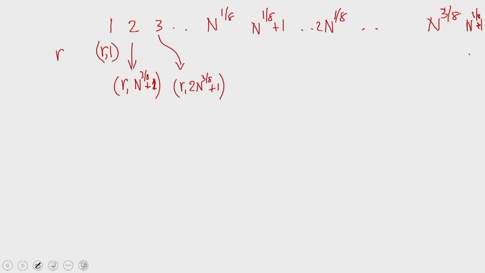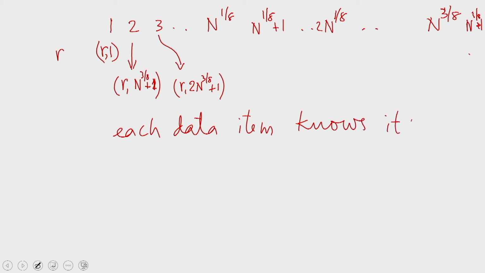So after calculating addresses in this manner, each data item knows its destination, which is in the same row.